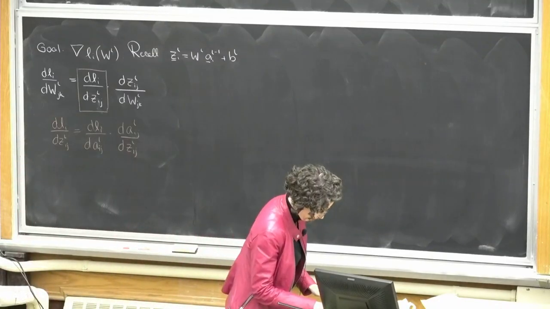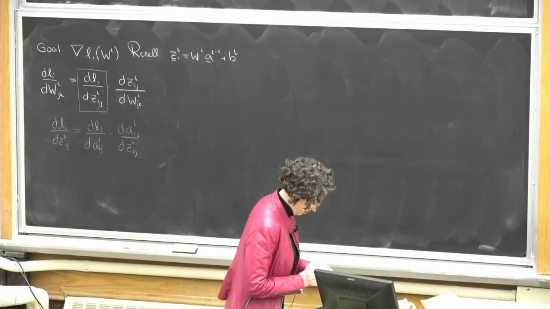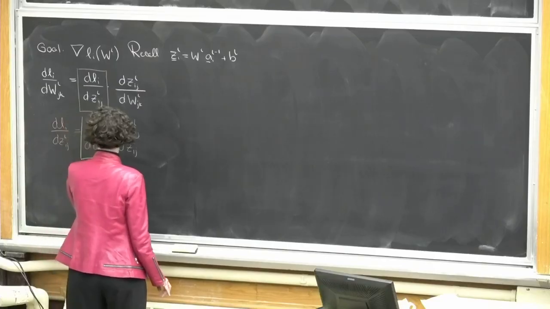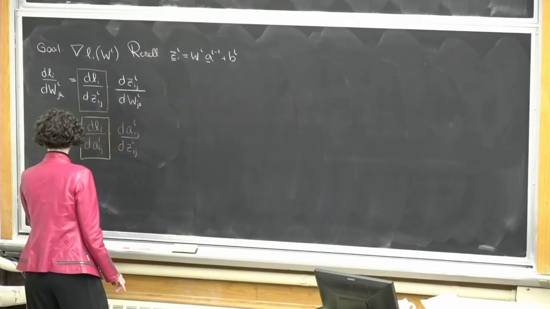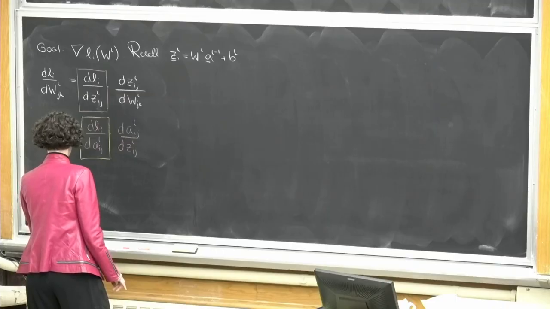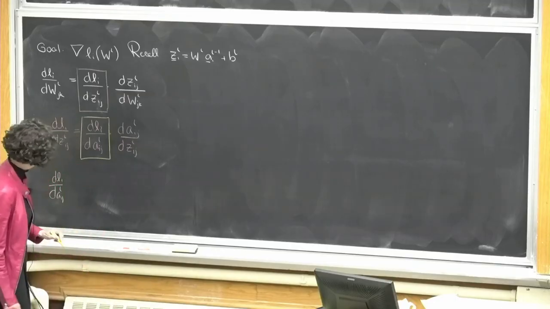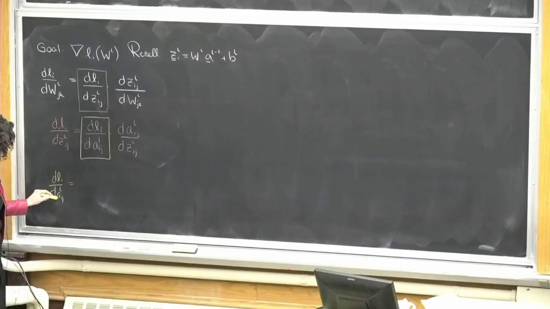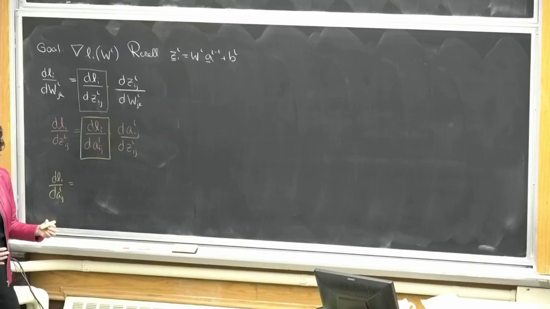So for our first factor, where we take the derivative with respect to A, we are going to have dL_i over dA^L_ij. And so if we think about how the loss varies as the output of the node j at the Lth layer varies, we have to think about what that output is affecting.